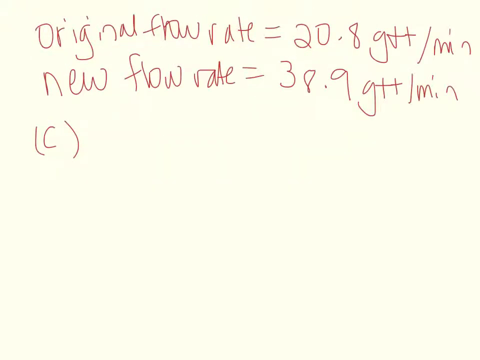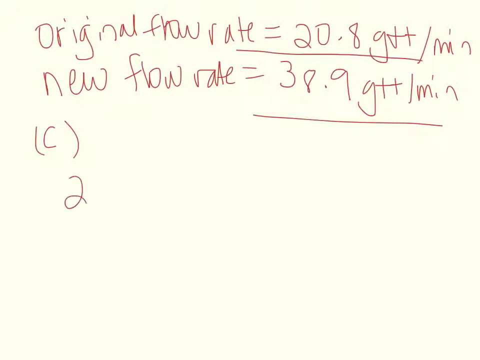So for part C, it's asking if the facility has a policy that the flow rate adjustment must not exceed 25% of the original flow rate, was the adjustment within the guidelines? So our original flow rate we calculated to be 20.8 drops per minute. Our new flow rate we calculated was 38.9. So we cannot exceed 25% of the original. So how do we find out what 25% is?